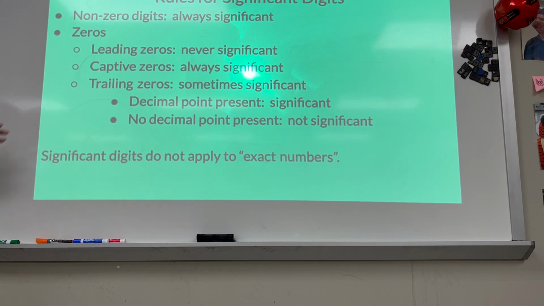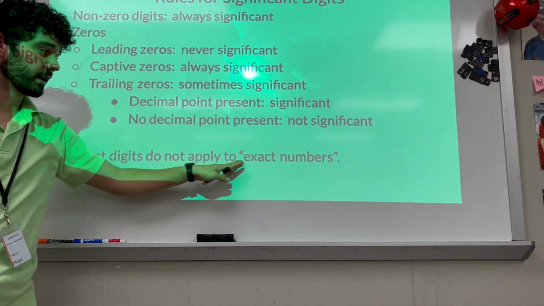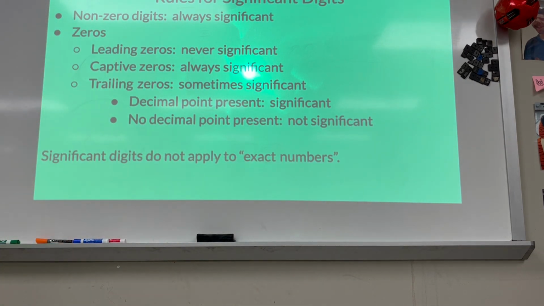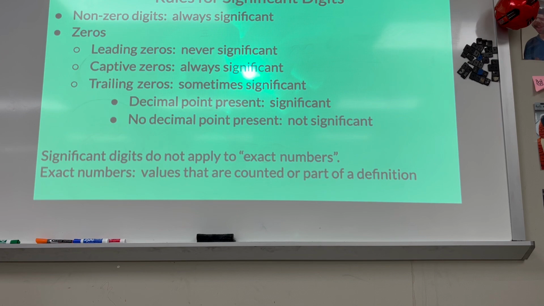Now this applies to measurements. This does not apply to things that are not measurements. Another thing that can be called is exact numbers. If I'm counting something, we don't have significant digits. How many desks are in this room? 34. So if there's 34 desks in this room, can I count the desks more precisely?